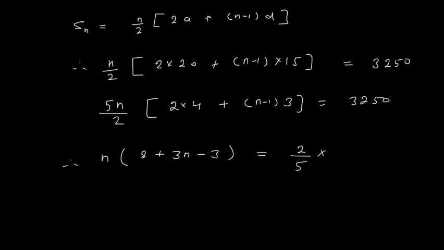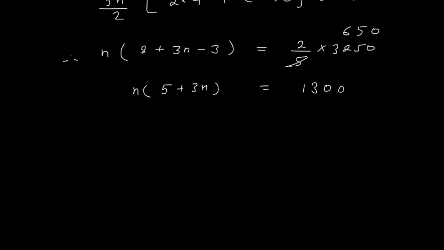This 5 divided by 2 will come on this side into 3250. Now with 5 I can cancel, 5 6 are 30, 5 5 are 25. So it is 1300, and here it is n into 8 minus 3 is 5, 5 plus 3n.